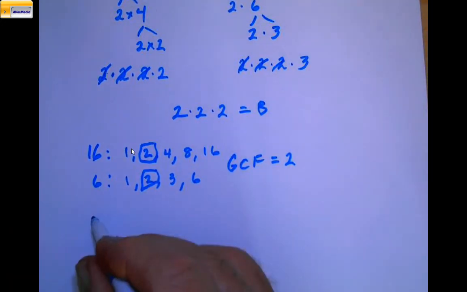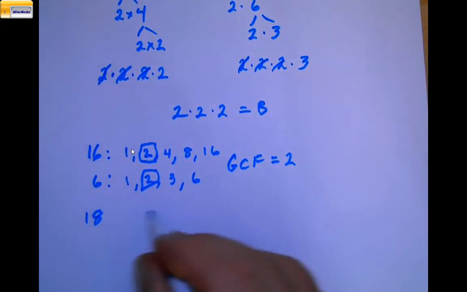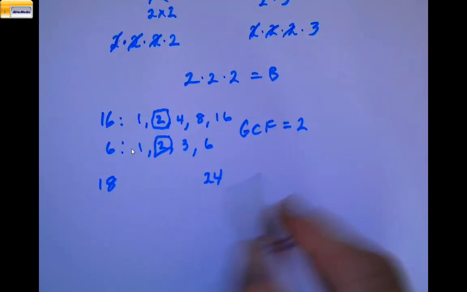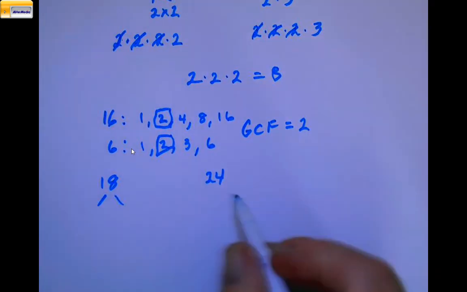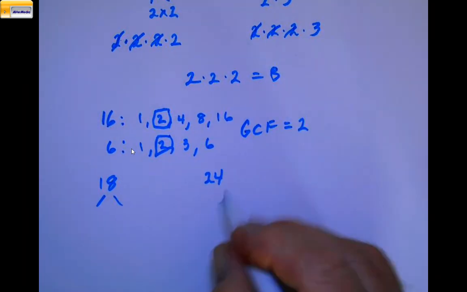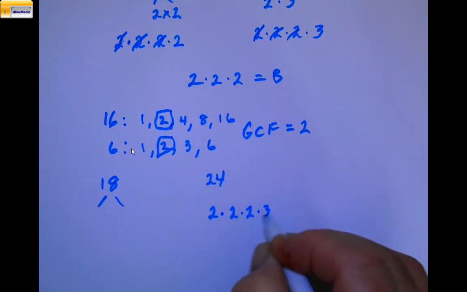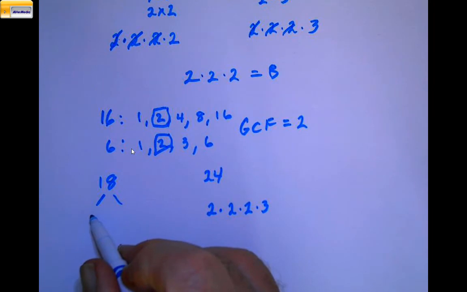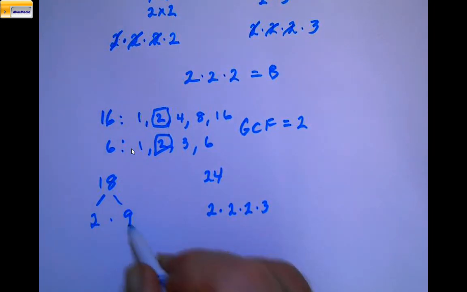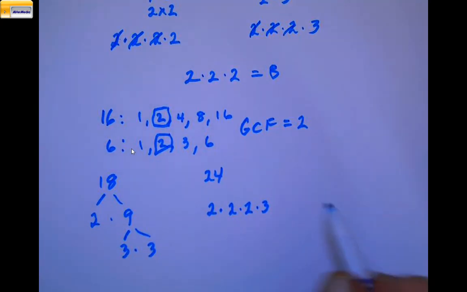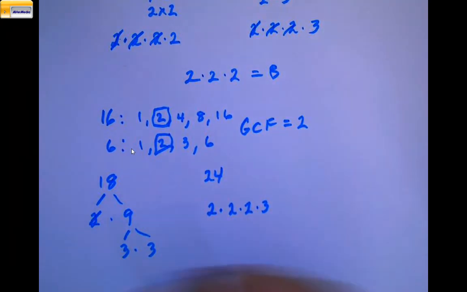18 and 24. This time I'll use the factor tree. We just did 24 back here, so I'm not going to redo it. We know that's 2 times 2 times 2 times 3. 18 is 2 times 9, which is 3 times 3. Now, what do they share? Well, there's a 2 that they share, and there's a 3 that they share.